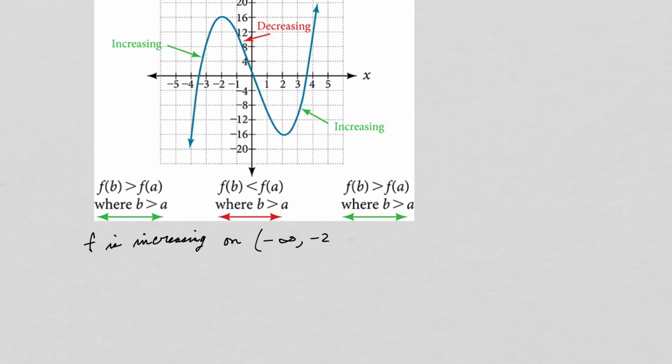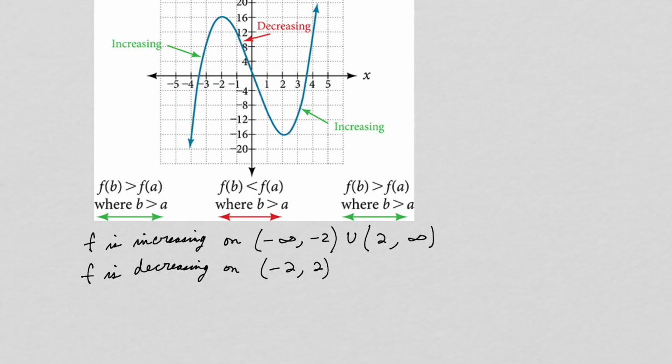Now, when we talk about increasing or decreasing, we never include the endpoint, so I'm always going to use just parentheses. And then also, I'm going to do union, and then 2 to infinity. And where is it decreasing? f is decreasing on, not including the endpoint, -2 to +2.